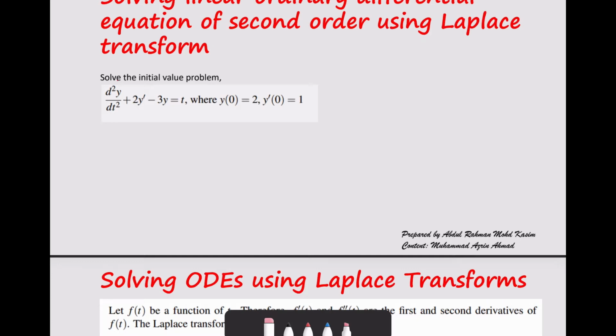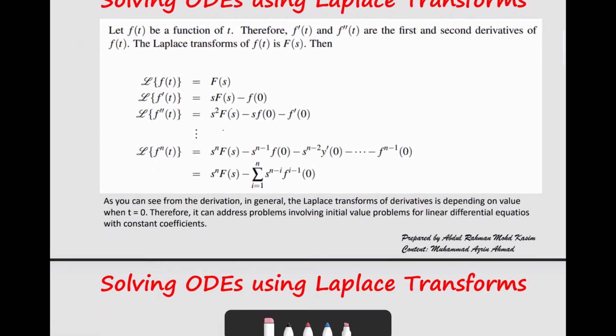However, you have to remember that we have to understand how to Laplace the second order terms. If you have, say, f double prime, it will convert to s squared F(s) minus s f(0) minus f prime(0). So this is the most important part that will be highlighted in this session.